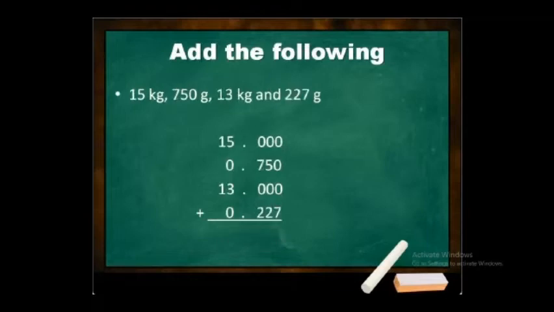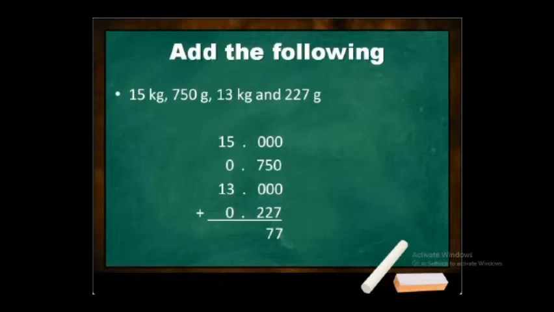The next one is 15 kgs 750 grams and 13 kgs 227 grams. First we'll add the numbers after the point. 0 plus 0 plus 0 plus 7, you will bring down 7. 0 plus 5 is 5. 5 plus 0 is 5. 5 plus 2 is 7.